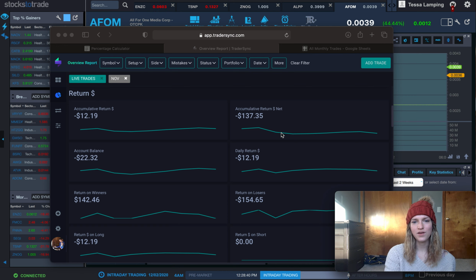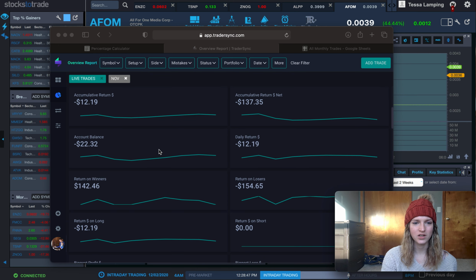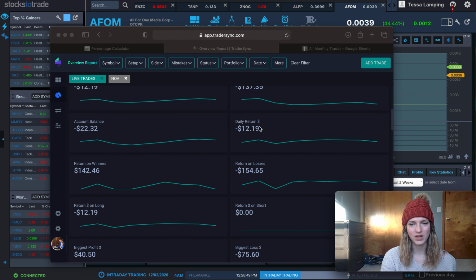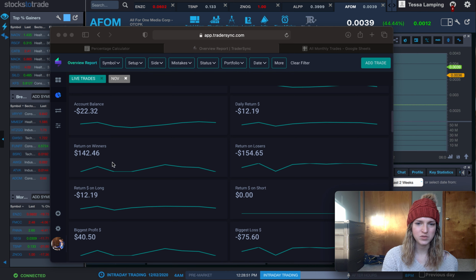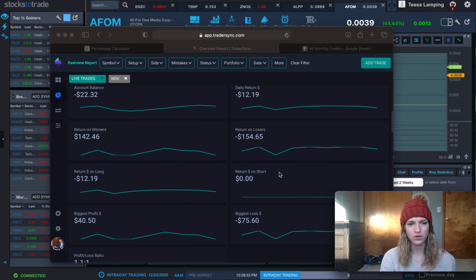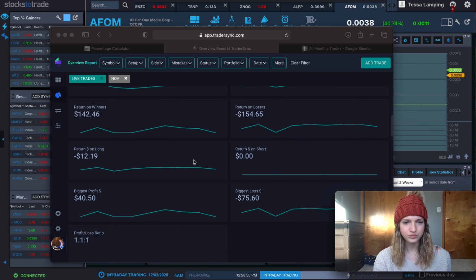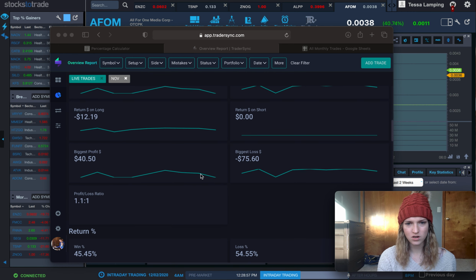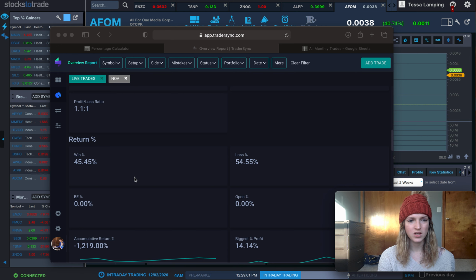This is where I found that I was actually down, a cumulative return net versus a cumulative return. That was my last daily. I was making 142 on winners, 154 on losers. That's my return on long. Biggest loss was $75 that month.